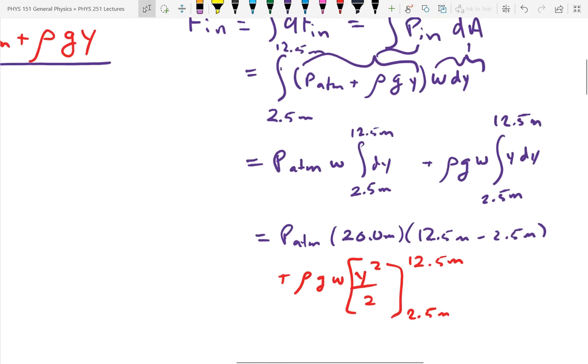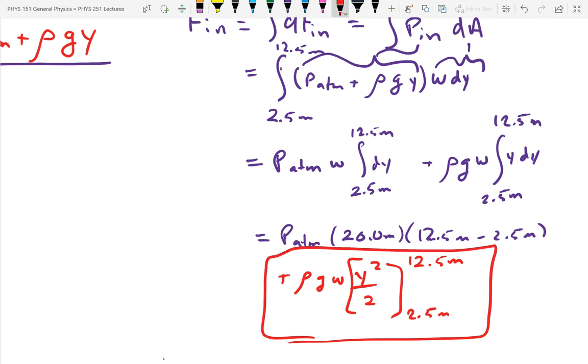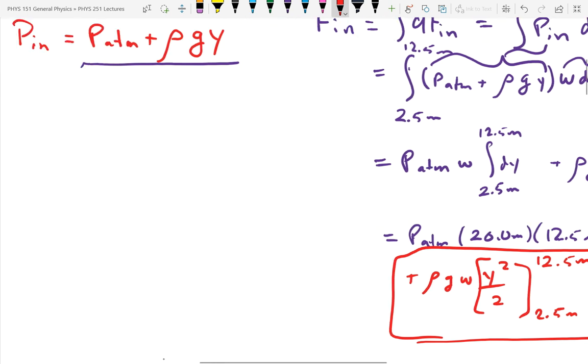Now, I'm going to stop the calculation at this point because this here will be a number that you can calculate, and I don't feel like doing the actual calculation here in class time.